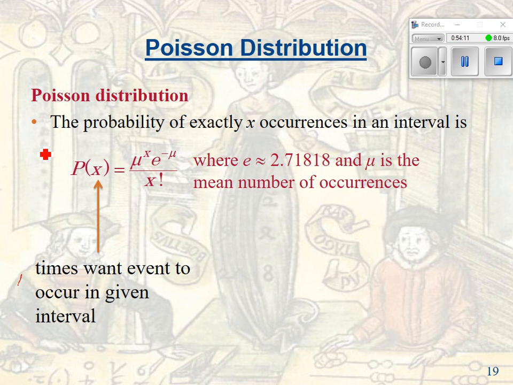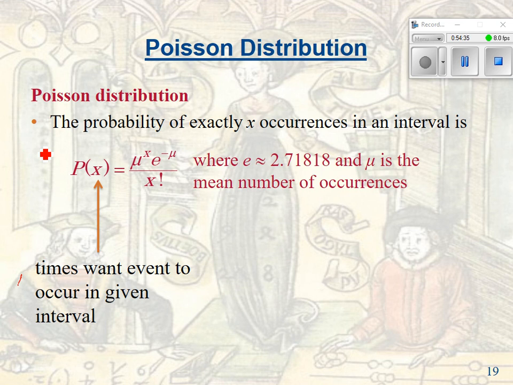Now with Poisson's formula, this formula is not all that real difficult, but instead of using it, we're probably going to use the calculator most of the time on this formula. With Poisson's formula here, this is mu. What's mu again?